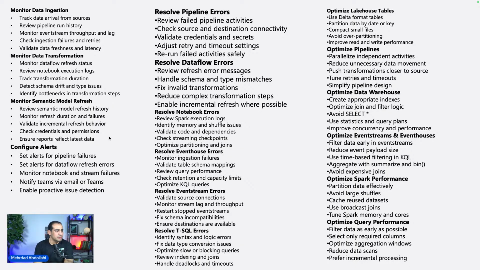I don't want to read all of them, more or less we talked about these through our conversations, but here is the list that you can take a screenshot of and use as a quick cheat sheet.